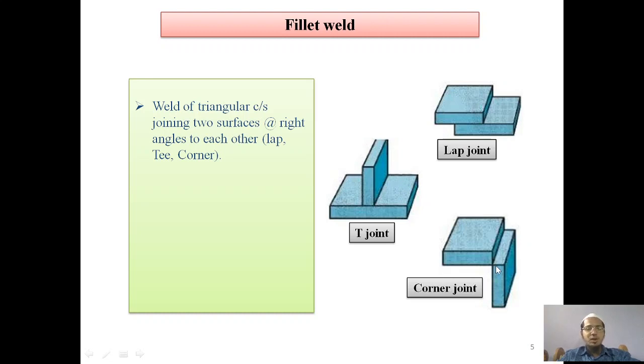And this T-joint is generally used for the connection of some types of bases with vertical members or thin plates. Also, such type of connection is used for structural as well as machine applications.